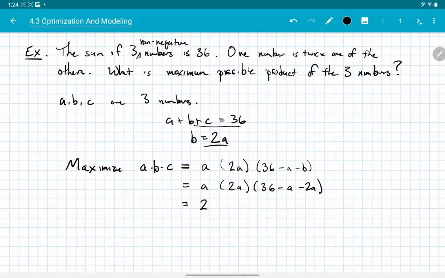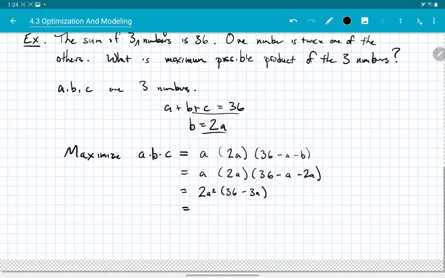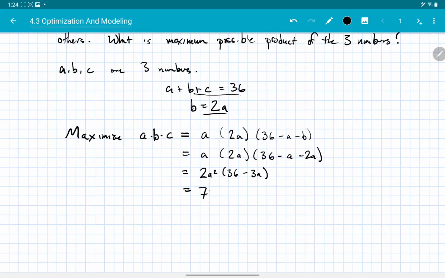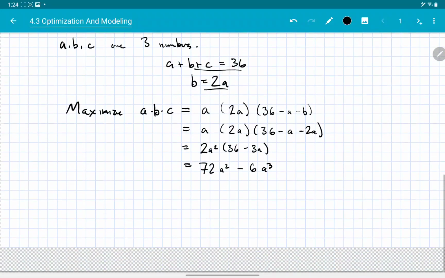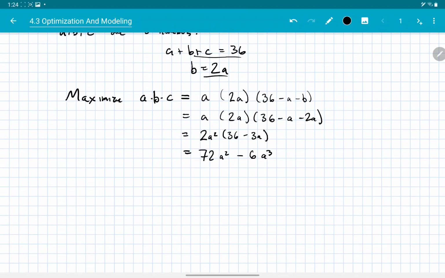So this is going to be 2A squared times 36 minus 3A. And when we put that all together, we get 72A squared minus 6A cubed. Okay, there's our function that we're trying to maximize.